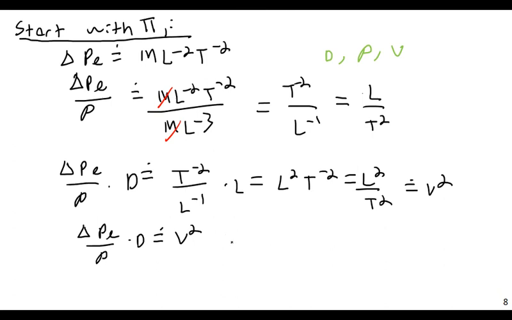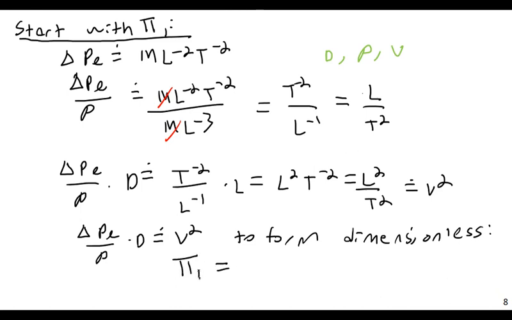So to form the dimensionless term, I just divide them. If I wanted to form a dimensionless number, I can simply say pi 1, my first pi term, is going to be equal to just this divided by this.